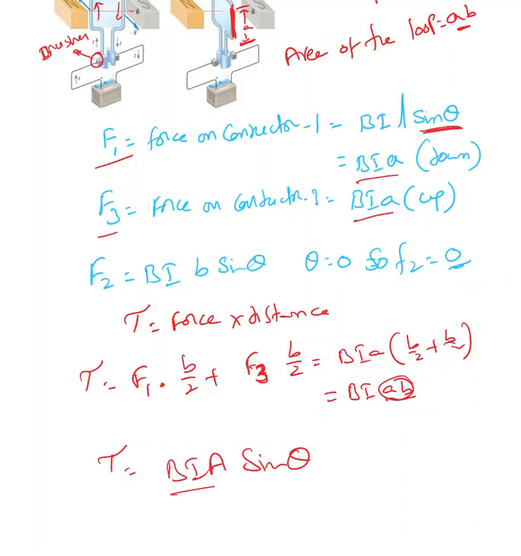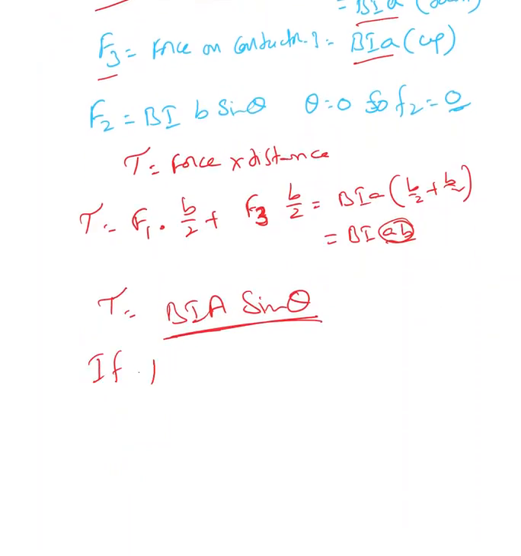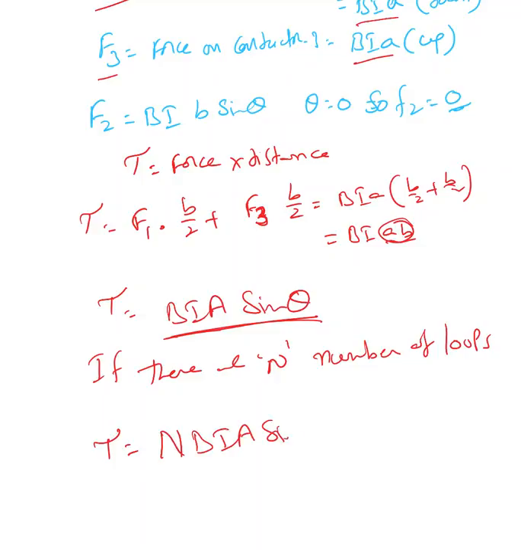This is for one loop. If there are n number of loops, then the torque on that conductor tau equals n times BIA sin theta. Okay, so this is the torque formula.